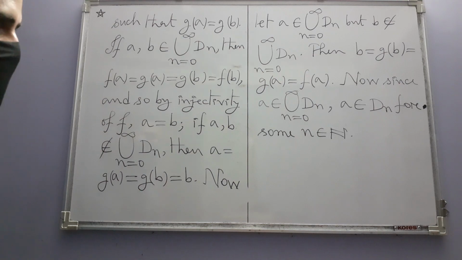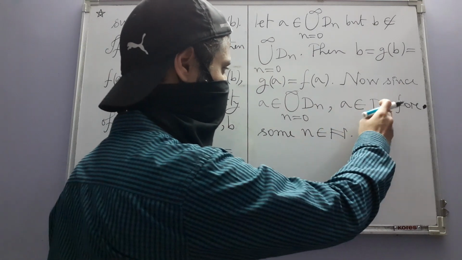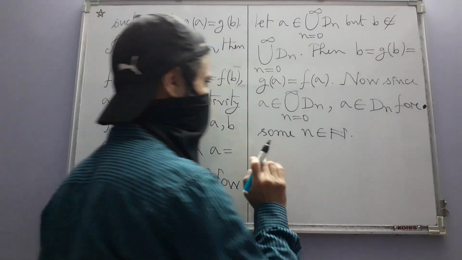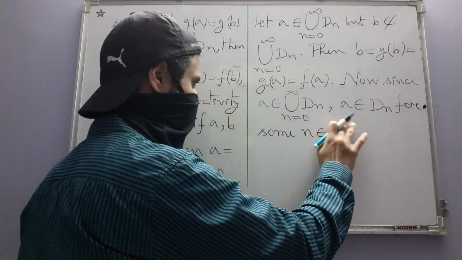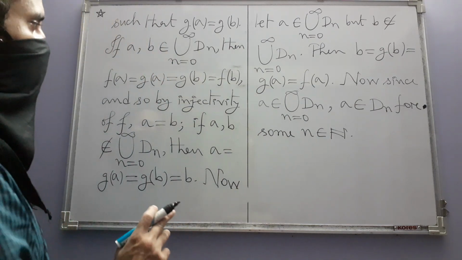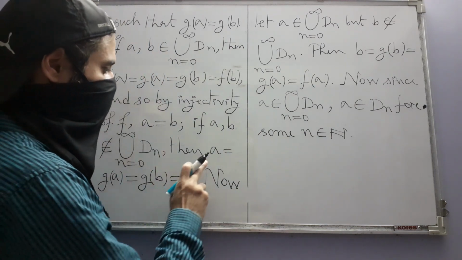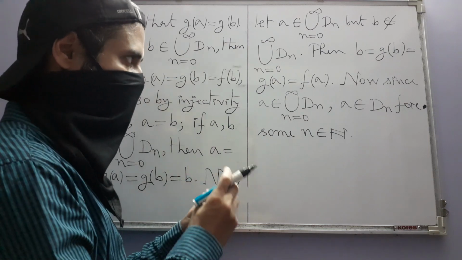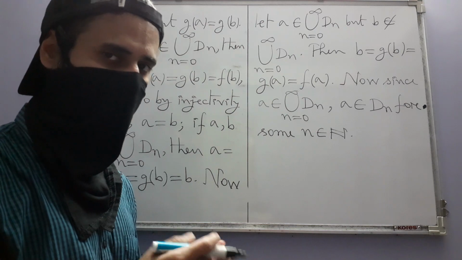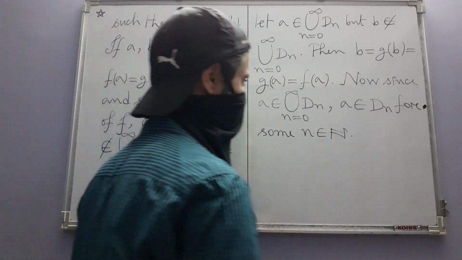And actually this n may be 0 also. That possibility is also there, although we need not be scared of that. A may come from D naught, because keep in mind that now we have chosen both A and B from capital B, and so that possibility is there that A may come from D naught.